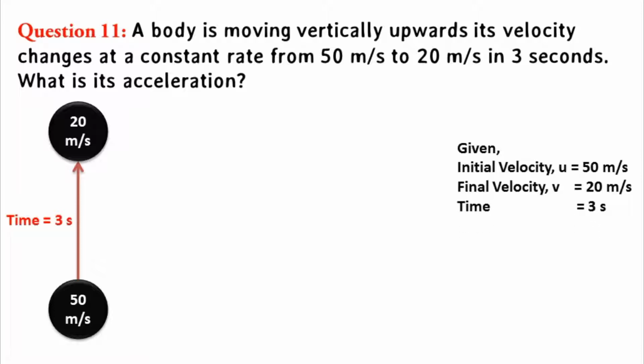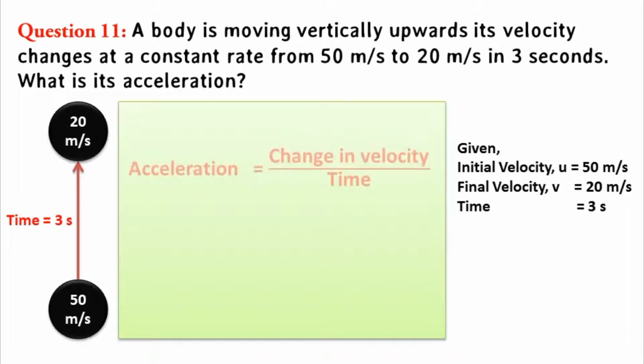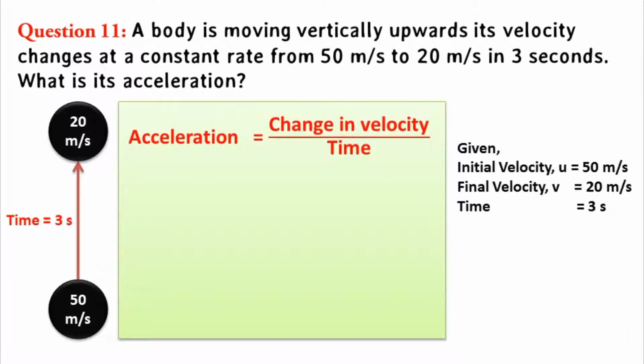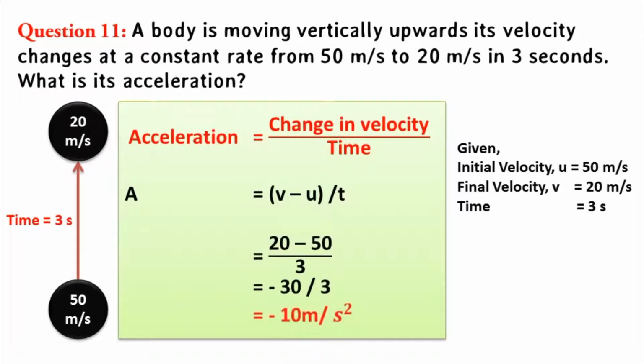We know the formula for acceleration is equal to change in velocity divided by time, v minus u divided by t. So substituting the values, 20 minus 50 divided by 3, which is equal to minus 30 divided by 3, which is equal to minus 10 meter per second square.